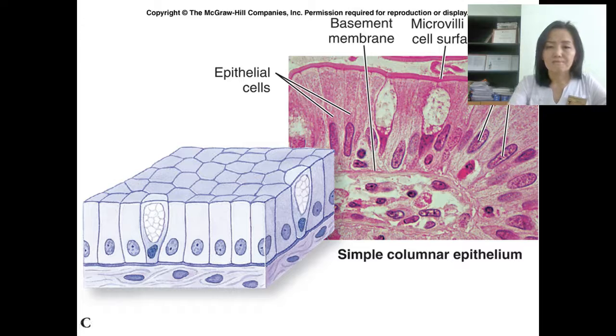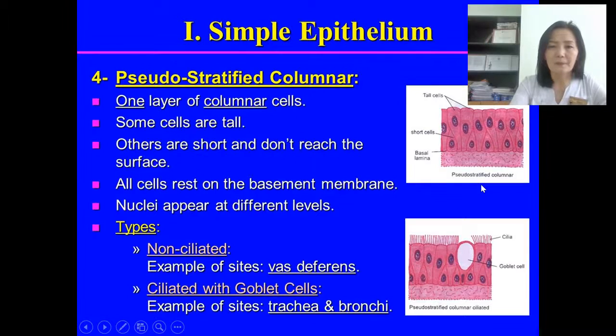Next one, simple columnar epithelium. We said it consists of columnar-like cells. This part is the basal membrane, and these are epithelial cells. The shape of this cell is columnar. That's why simple columnar epithelium.